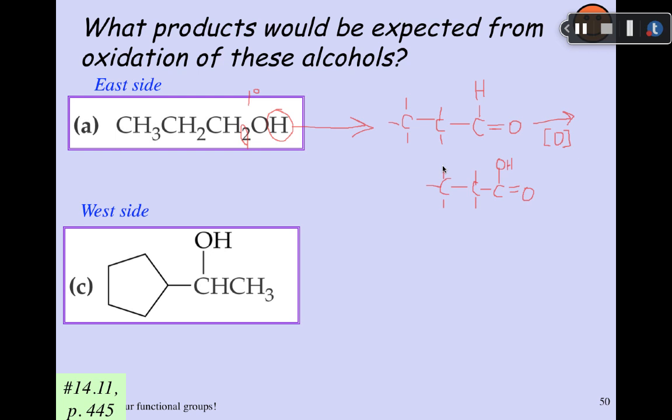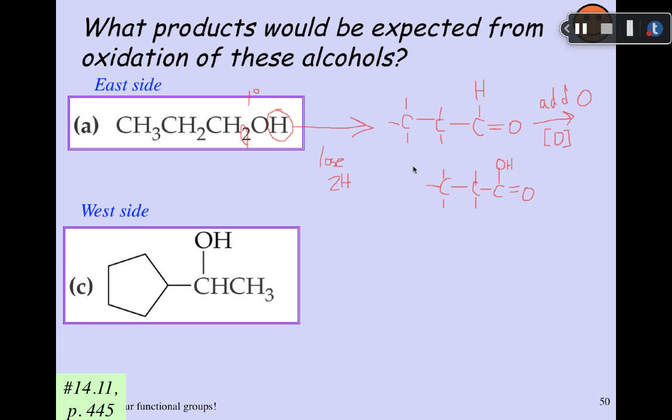Simple if you keep it straight, I hope. So make sure you remember the first step is losing 2 hydrogens, and the second step is adding oxygen. 1 oxygen, sorry. 2 hydrogens, always 2. And the second step in the case of the primary alcohol is you add oxygen.